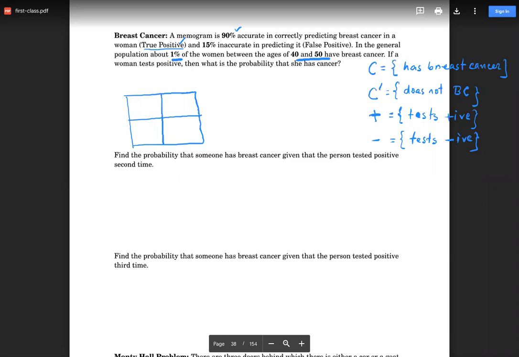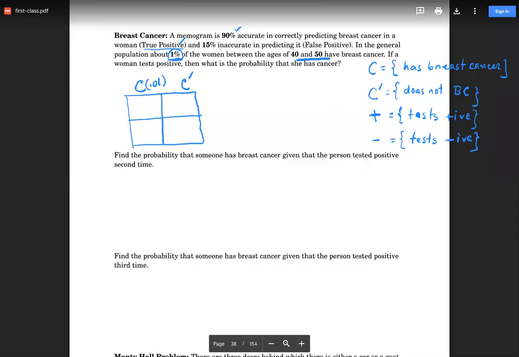So a woman either has cancer or she does not have cancer, C or C prime. What are the chances of having cancer in the general population? 1% chance, or 0.01. If a woman's chance of having breast cancer is 1%, what are the chances that she does not have breast cancer?